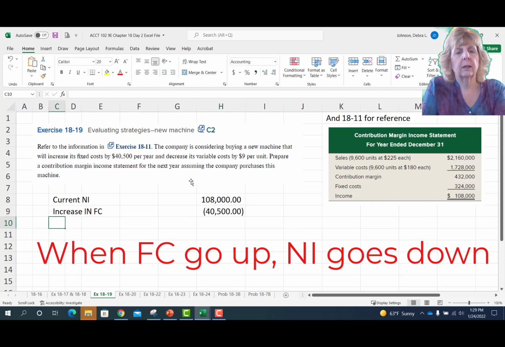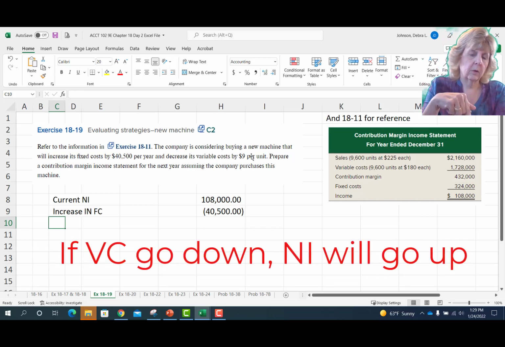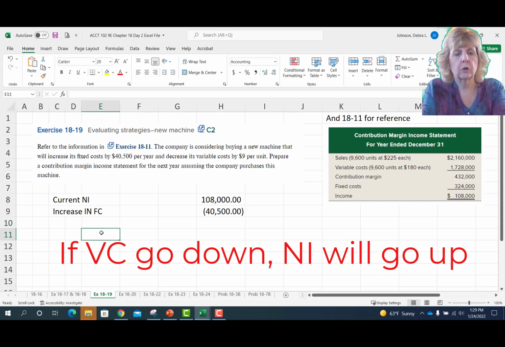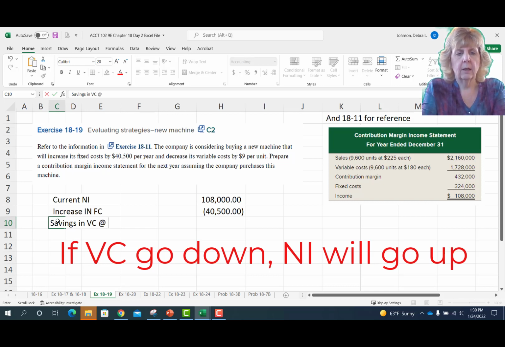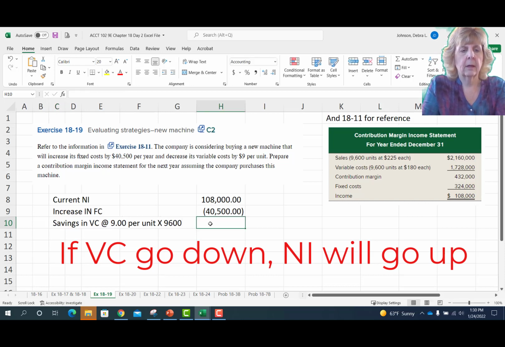And then I would also look at this as the decrease to the variable costs. If the variable costs go down, that means the net income goes up. By how much? By $9 a unit. I'll put savings in variable costs at $9 per unit. And right now they're selling 9,600 units based on that income statement. So let me pop that in. $9 a unit times 9,600.